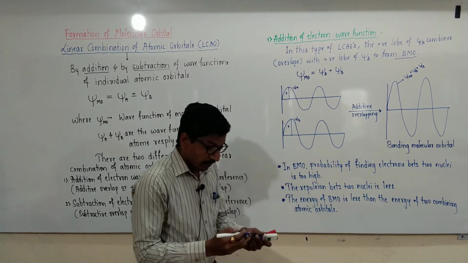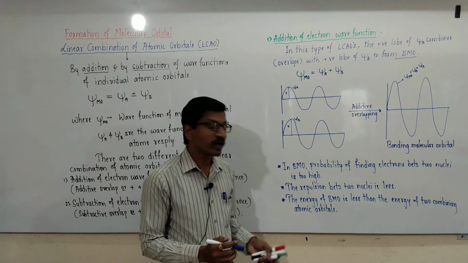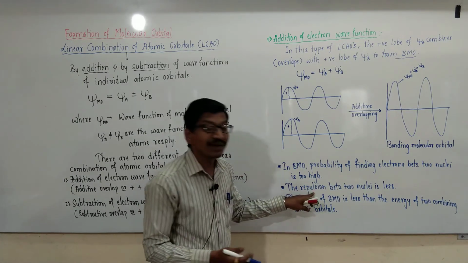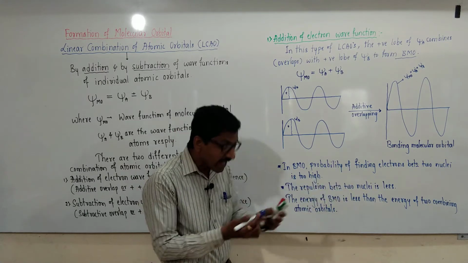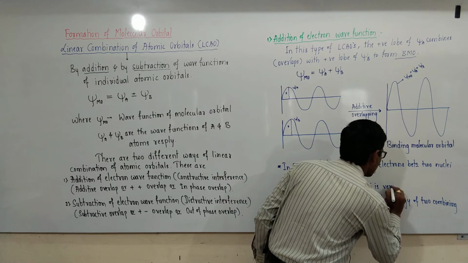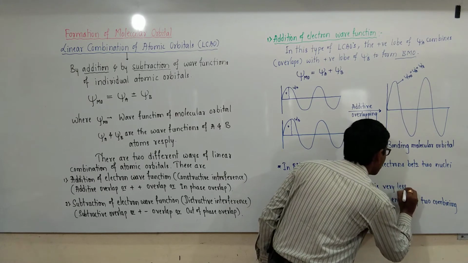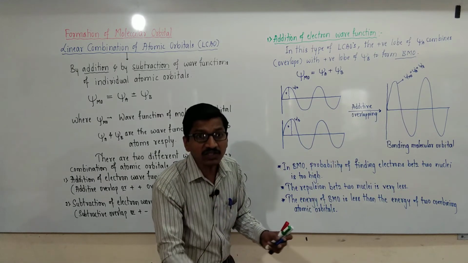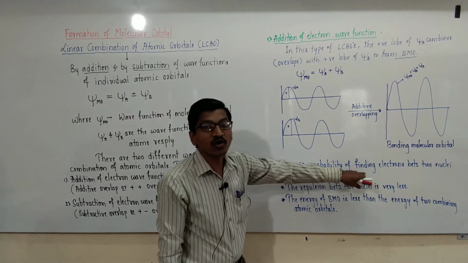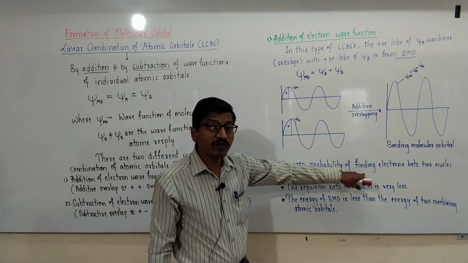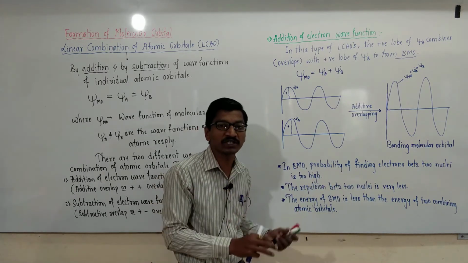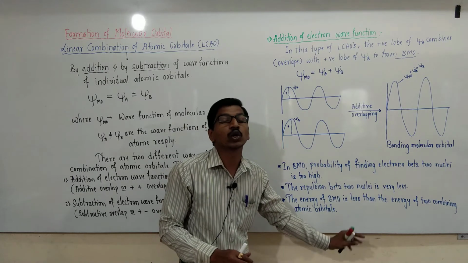Always the bonding molecular orbitals have lower energy than the atomic orbitals because the repulsive interaction between two nuclei is very less. Repulsion is less means the energy is low. This repulsion is very less because the electron density between two nuclei is too high. Electron density is maximum, repulsion is less and energy is low.